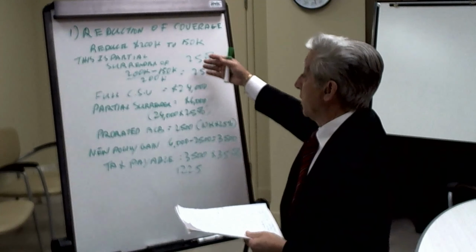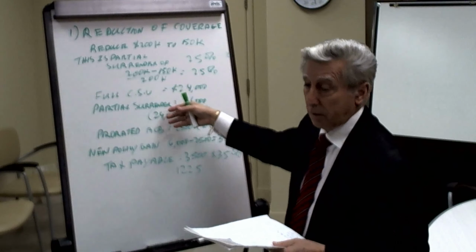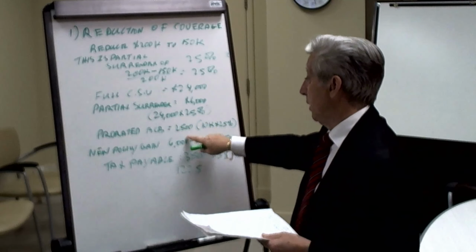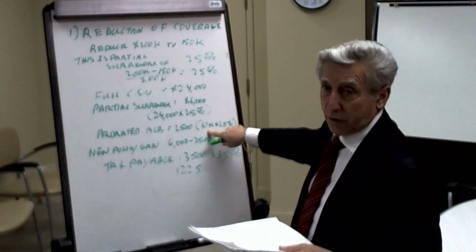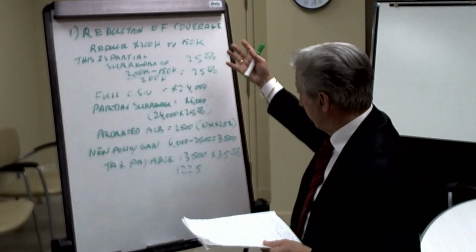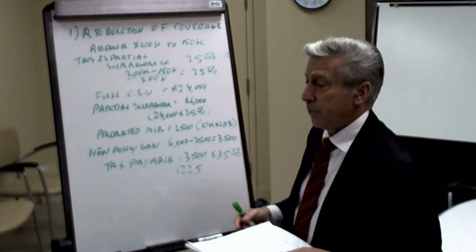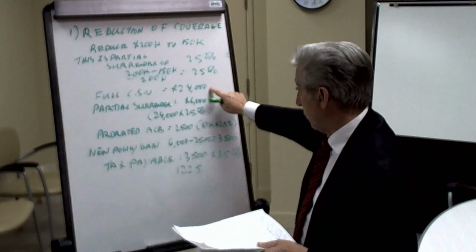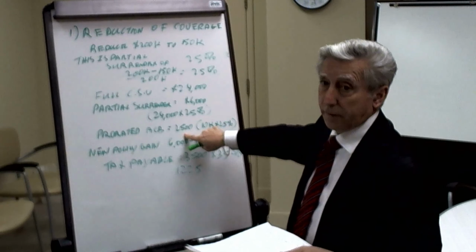Just like we did a prorating of the partial surrender, we must also do a prorating of the adjusted cost base. The ACB was $10,000. That was the original ACB, but because we've reduced it by 25%, the new ACB for that, not for the whole policy, just for that alone, is $2,500.